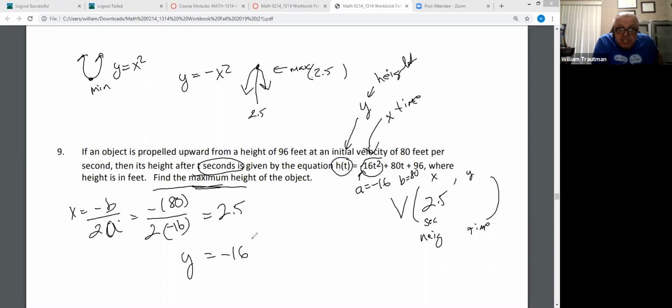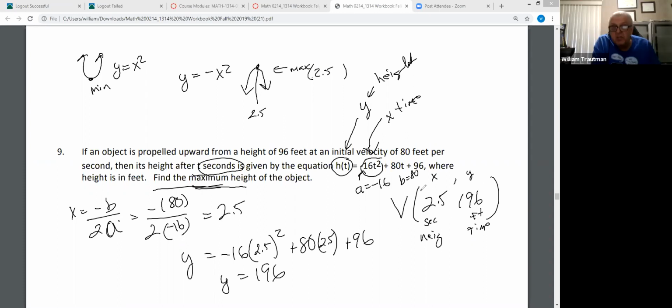It's negative 16 times t squared plus 80t plus 96, and we're going to plug 2.5 into it and put this in our calculator exactly as you see it, with parentheses and all. And I get 196 feet.